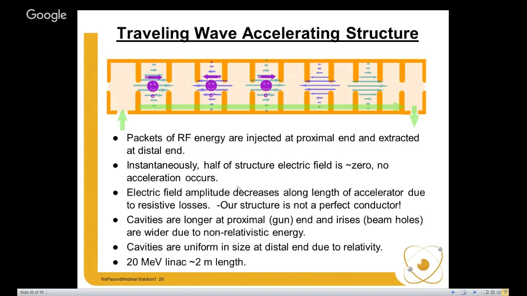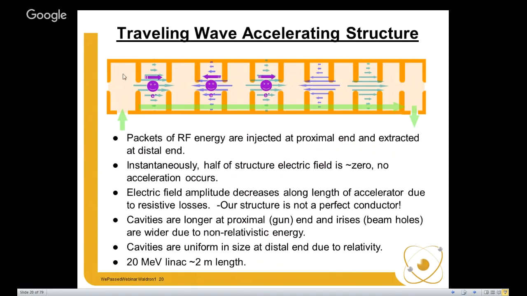Due to resistive losses, the field amplitude will decrease along the length of the accelerator. So we are ultimately limited in how long we can make one of these things for a given amount of RF input. Cavities are slightly longer at the proximal end and tend to be of equivalent spacing at the distal end.